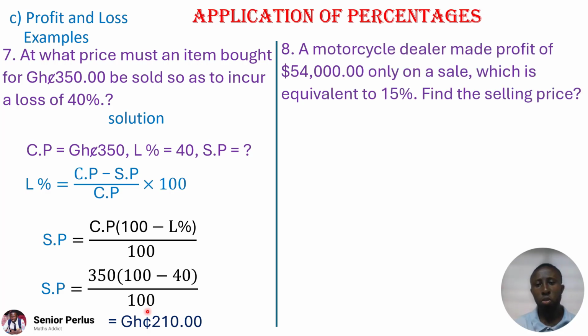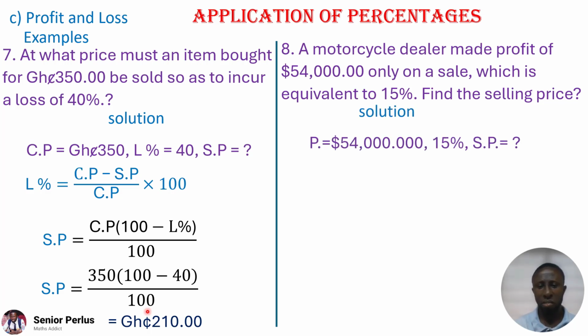A motor dealer makes a profit of 54,000 only on sales, which is equivalent to 15%. Find the selling price. The person makes a profit, so the profit is this, and the 15% of sales. It says we should find the selling price.